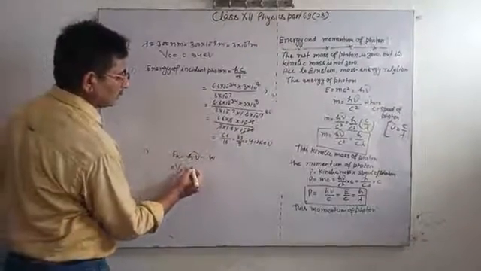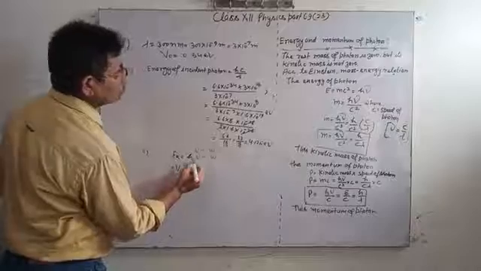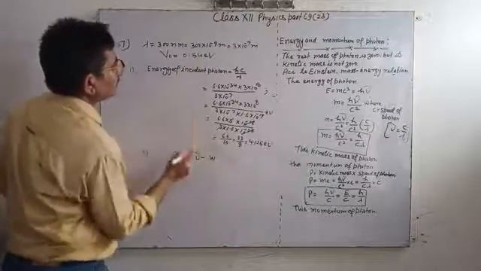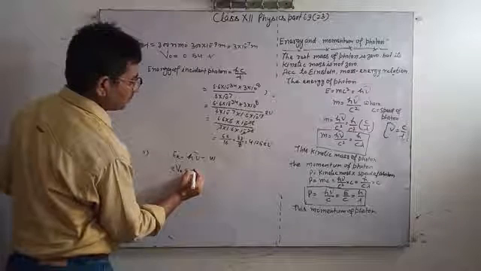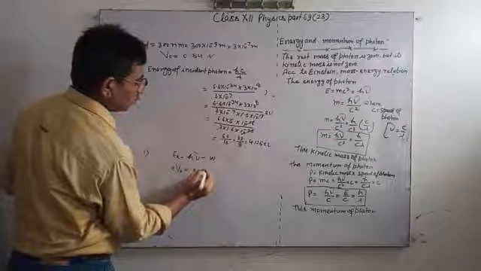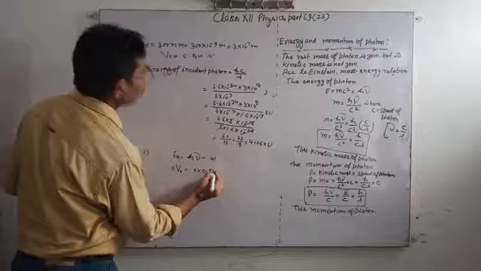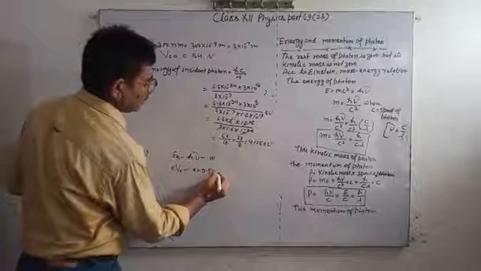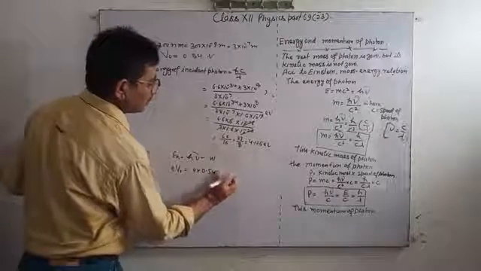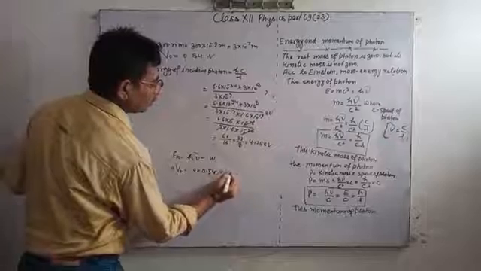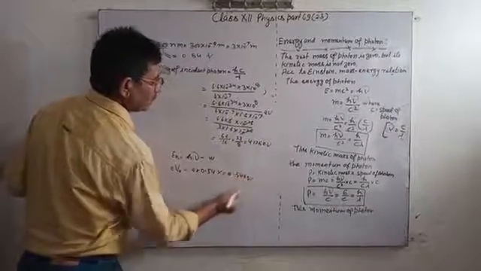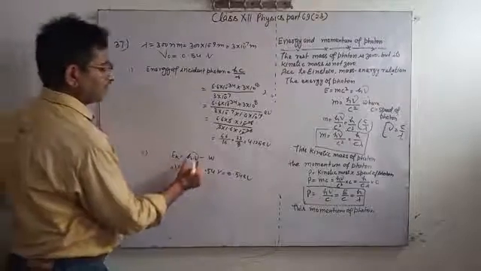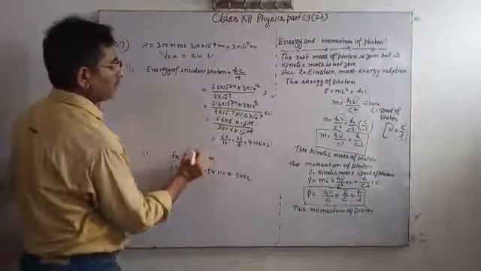That is given here, so this becomes e × 0.54 volt, equal to 0.54 electron volt, and this is the energy of the incident photon.